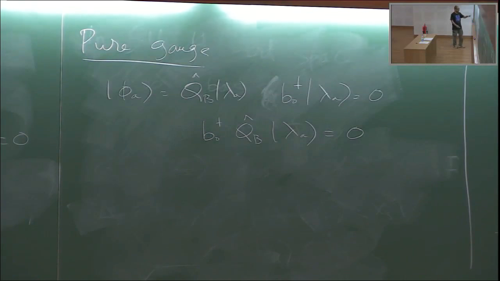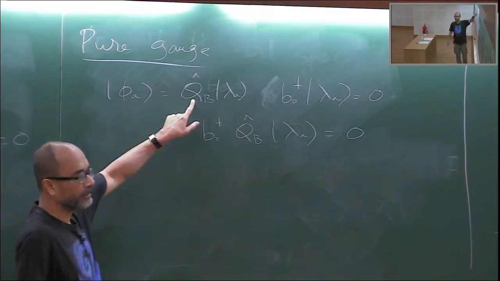Let me write these conditions here. This is condition A, and this is condition B. So you see that B naught plus QB hat phi a equal to 0 because QB hat squared is 0.